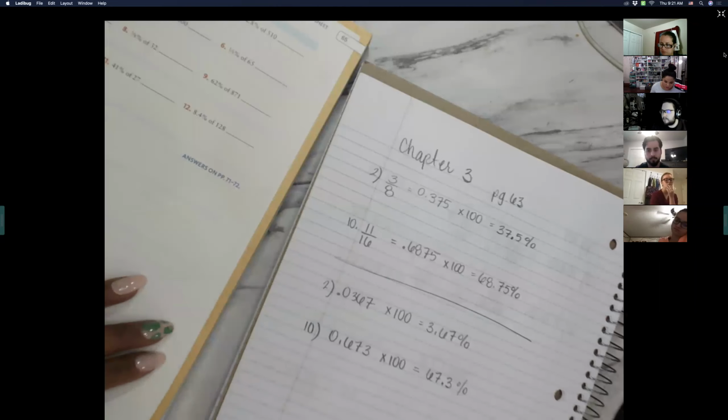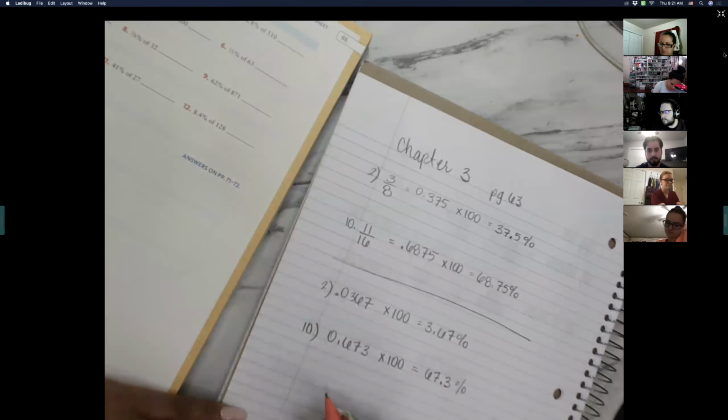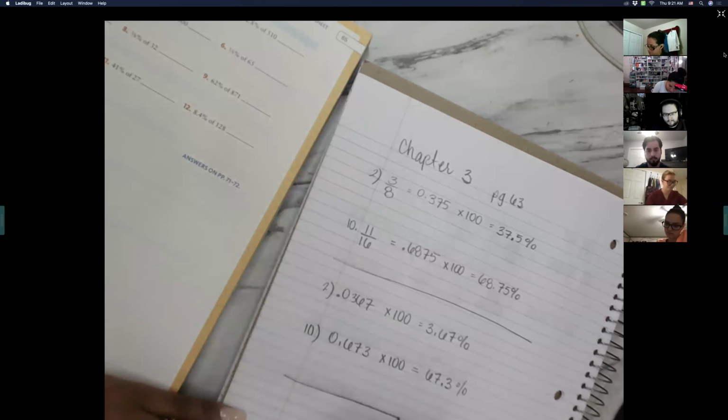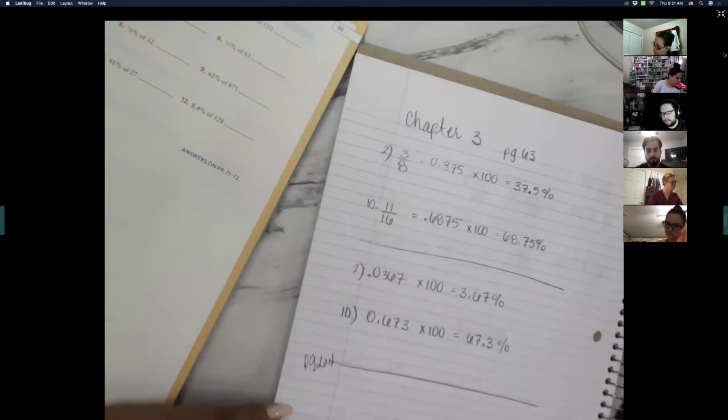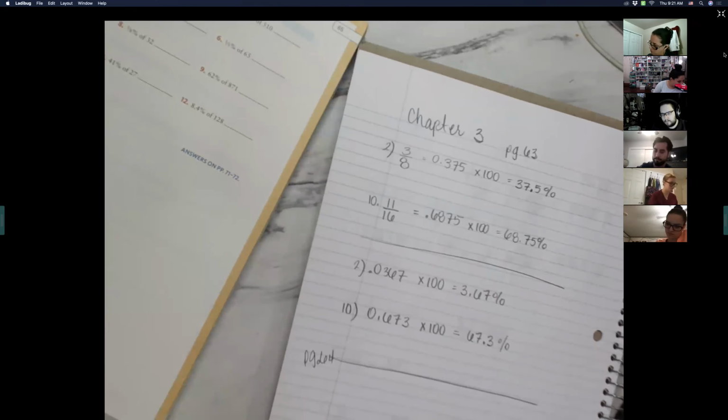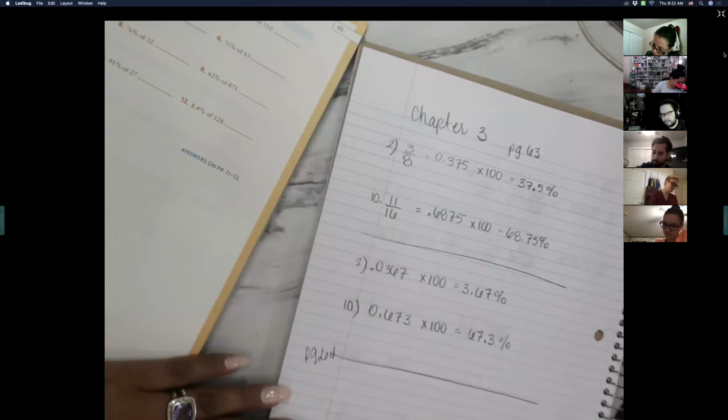Okay, we're moving on. Next is page 64. Now we're going to do number 4, 10%.